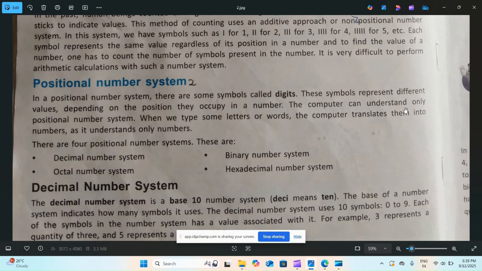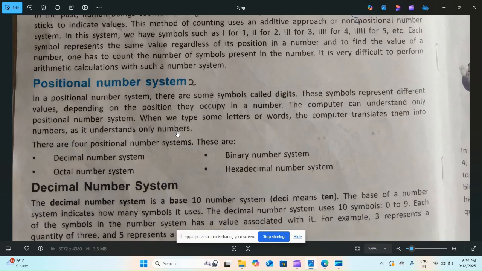The computer can understand only positional number systems. Why is it so? We'll see. When we type some letters or words, the computer translates them into numbers as it understands only numbers. I can write down my name, and how does the computer display it in Notepad and all this?